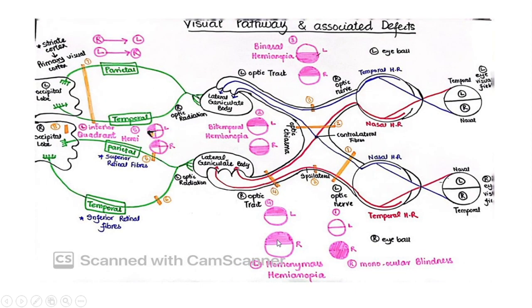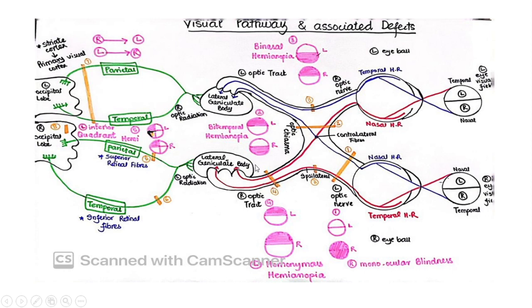So we get a defect. As we already know, and I have told you a rule, any damage on the right side causes the lesion on the left side, and any damage on the left side causes the lesion on the right side.